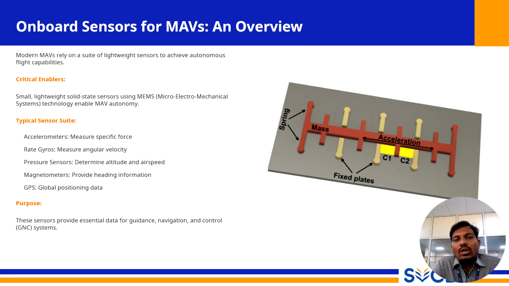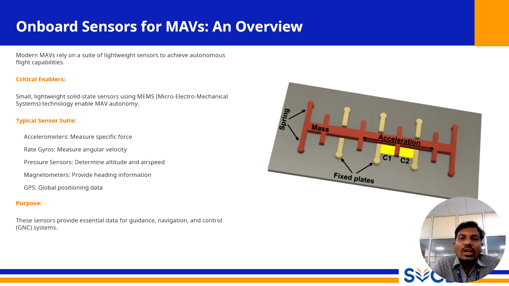We also use pressure sensors to determine the altitude and airspeed. A barometric sensor measures the air pressure to calculate the drone's height, while the pitot tube system can measure the dynamic pressure to find its speed through the air.